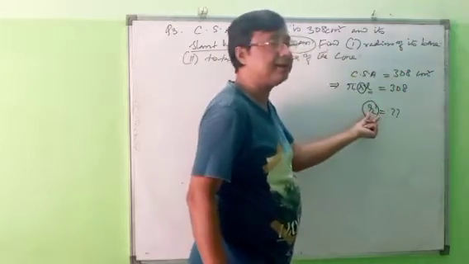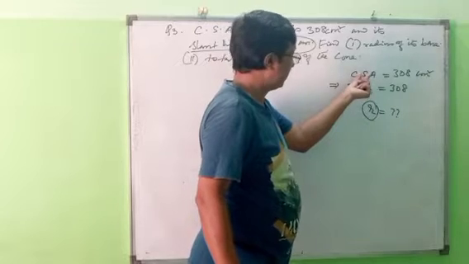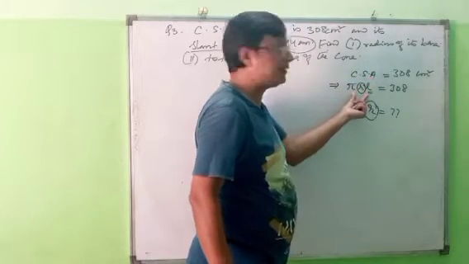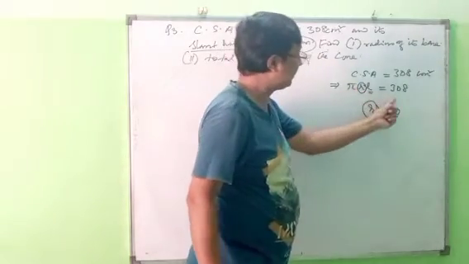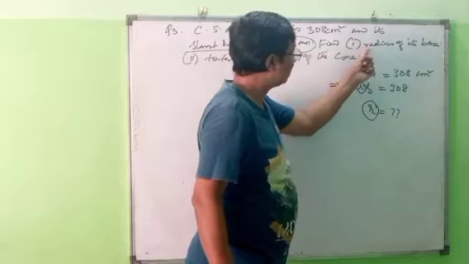So here R is the radius. By putting the value in the formula for the curved surface area, pi r L, and by simplification you will get the value of R, that will be the radius.